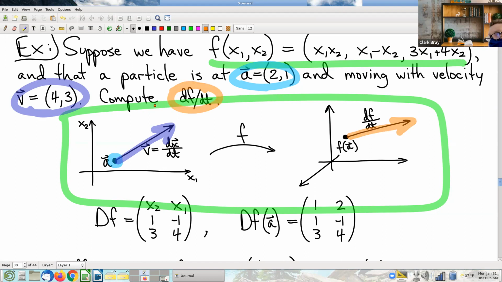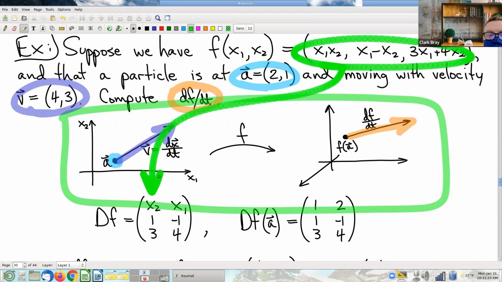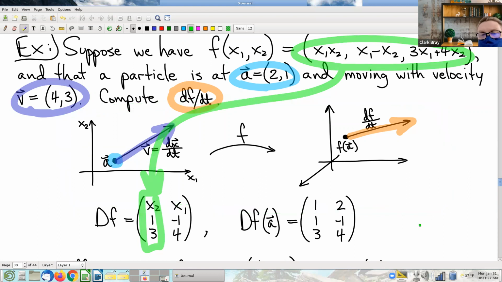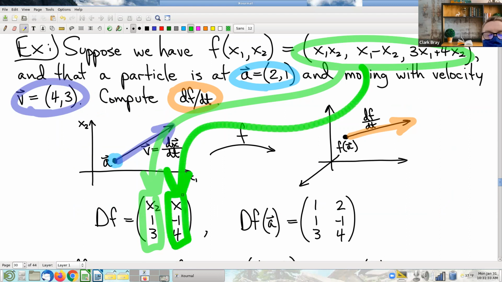I've got the input change; I want the output change. Well, we multiply by the derivative matrix. The derivative matrix is a straightforward computation, a little bit tedious. I've got to take various partials. For example, I take all of the x1 partials to get that first column, and then all of the x2 partials to get that second column.